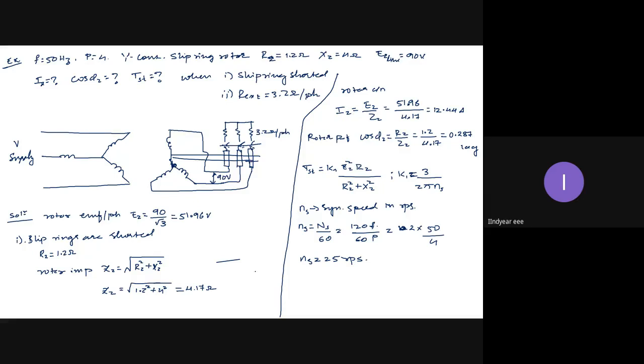Then substituting, K1 is equal to 3 divided by 2 pi into 25, which equals 0.019. It is unitless.